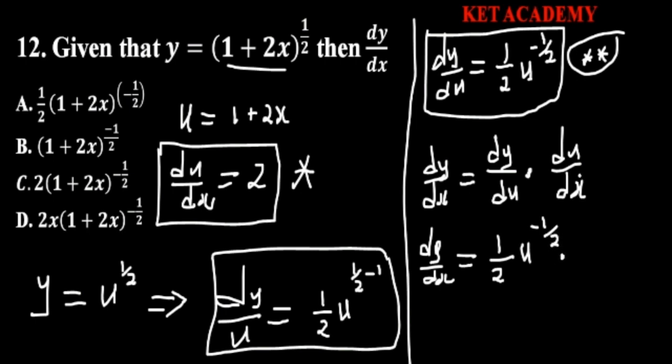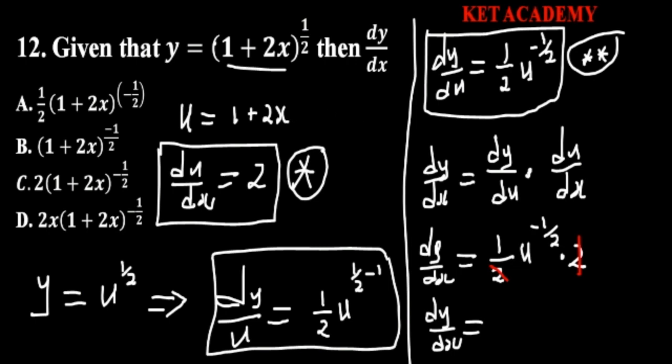And now our du on dx from equation star, we're going to have 2. So looking at that, the 2 can easily cancel out. So we will be left with dy all over dx equal to u to the minus a half.